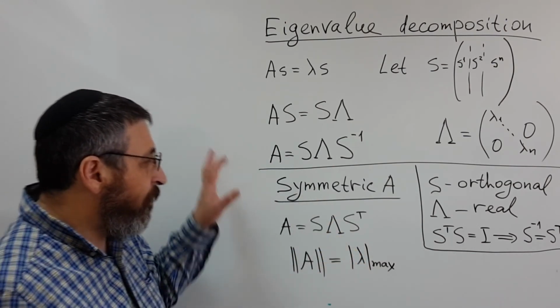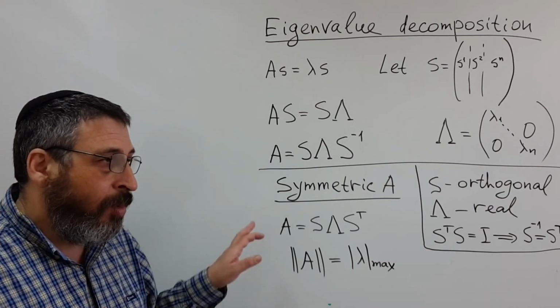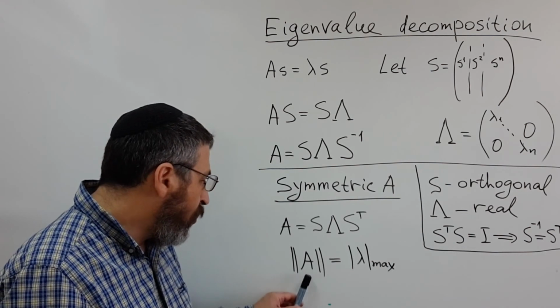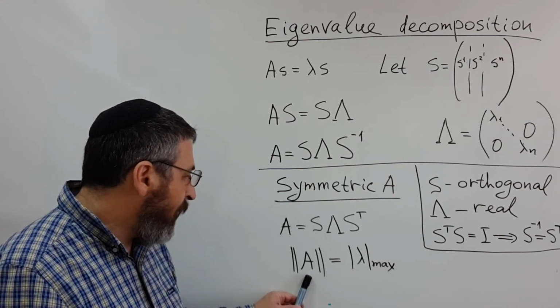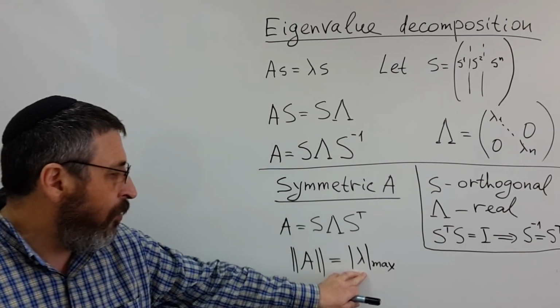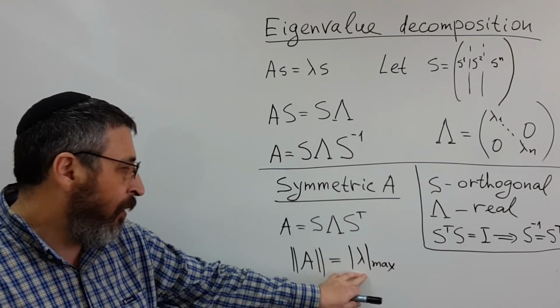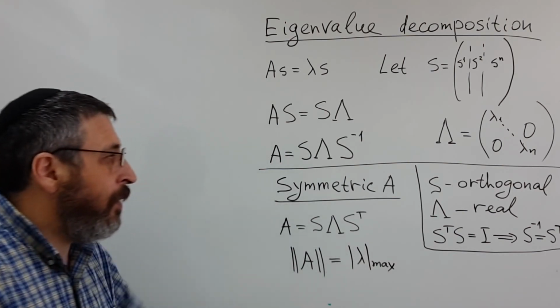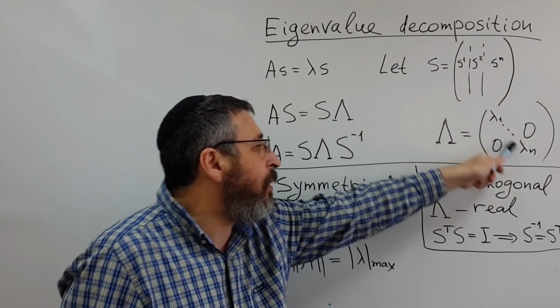And following the same framework as we did for singular value decomposition, it's easy to show that the norm of a symmetric matrix A is just the maximal amplitude of its eigenvalues, so the maximal absolute value among those eigenvalues.